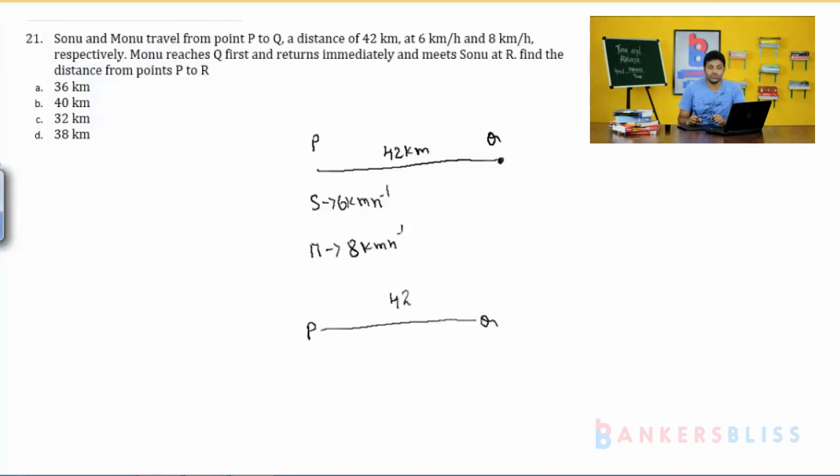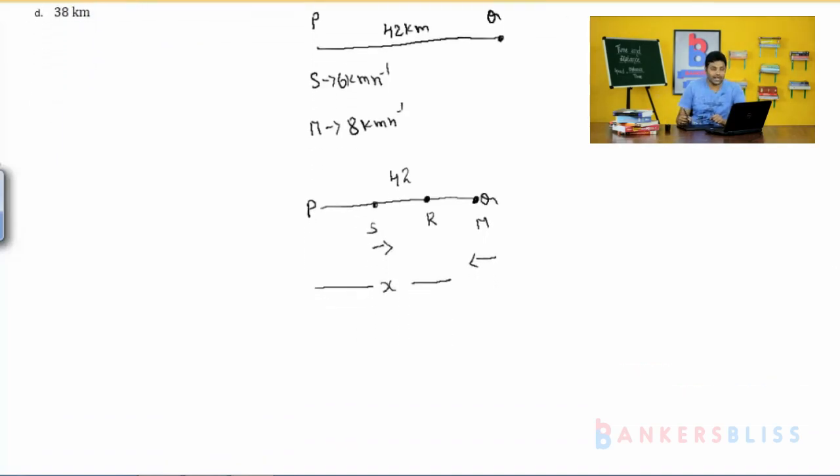Monu is going to reach Q and Sonu will be somewhere here. Next, Monu is going to come towards P, and both Sonu and Monu are going to meet at R. Now, we have to calculate the distance between P and R.